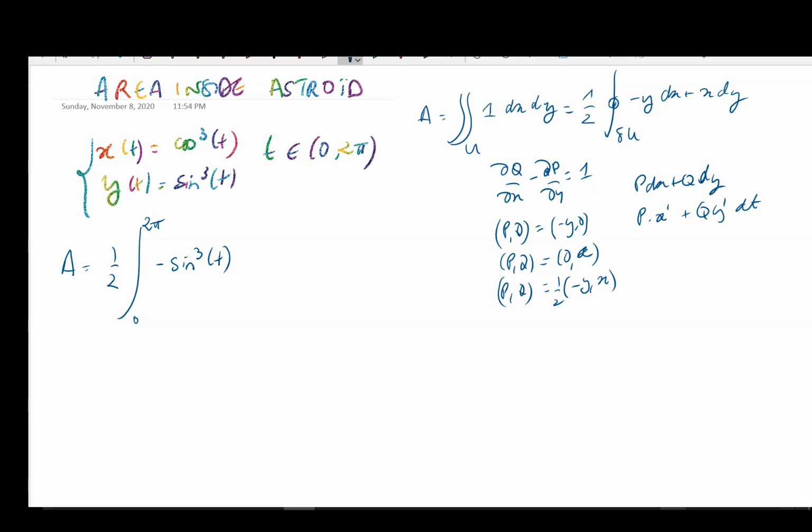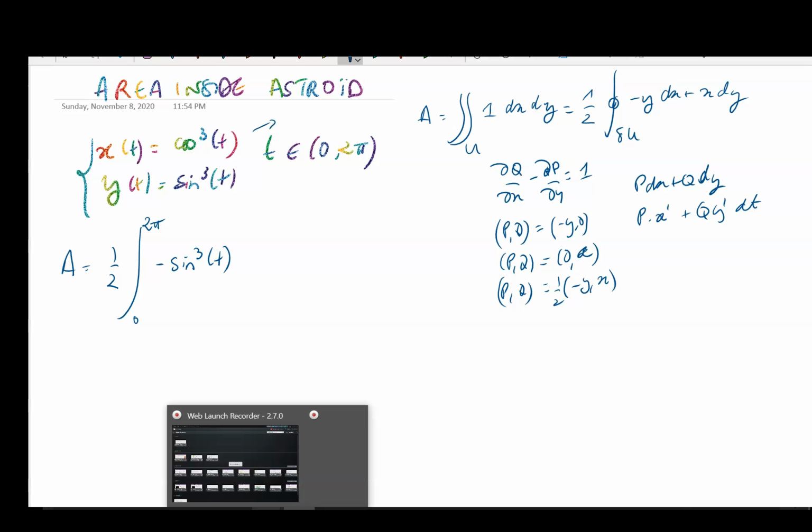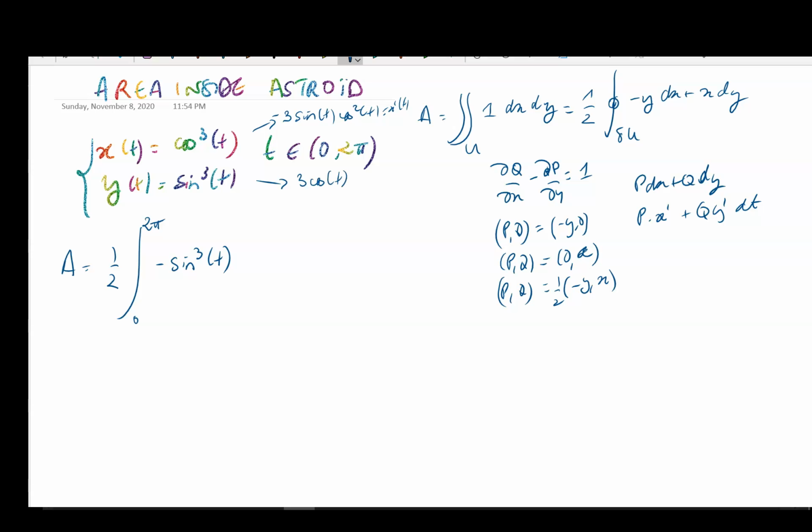Okay, so that's the whole stuff about line integral. So I'm going to need our specific x prime. So x prime is minus 3 times the sine of t times the cosine square of t, and y prime of t is 3 times cos of t sine square of t.